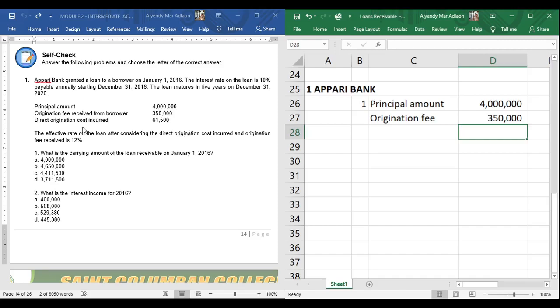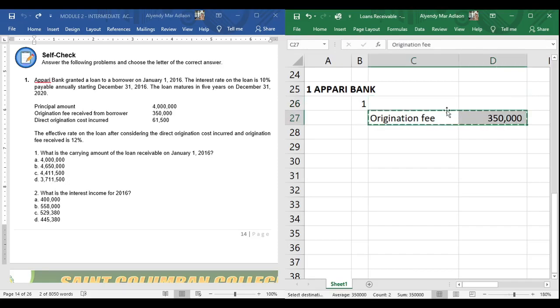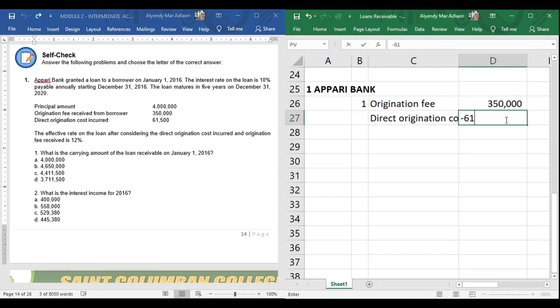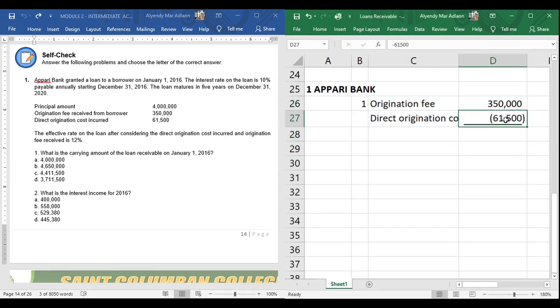and then minus, di siya added. Okay, kay ang unearned interest income, i-deduct man na to. So, later na lang ni principal amount. Kanina lang sa origination fee, 350,000, and then we have direct origination cost of 61,500. Okay, so 'di ba makakuha taog unearned interest income? Okay, so naa na tay unearned interest income.